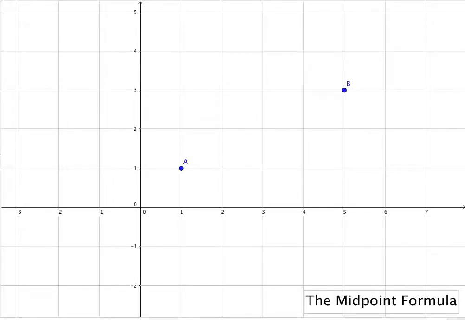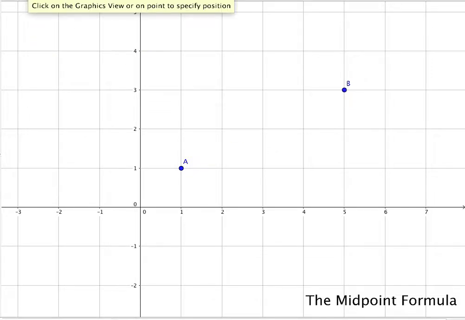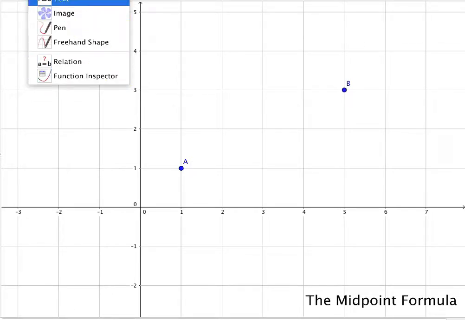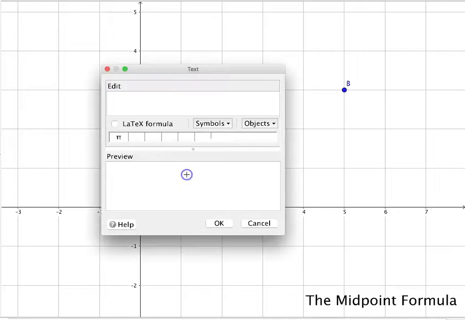Let's talk about the midpoint formula, which, as you can probably guess, is about finding midpoints of things. So what I have here is 2 points. I have point A and point B. And let's just notice really quickly that point A is 1, 1.